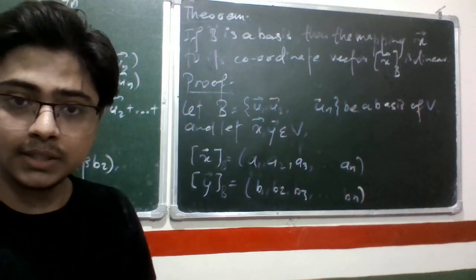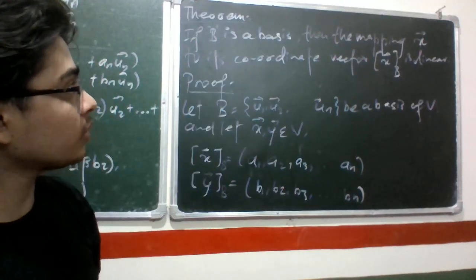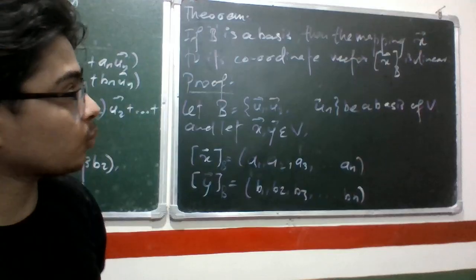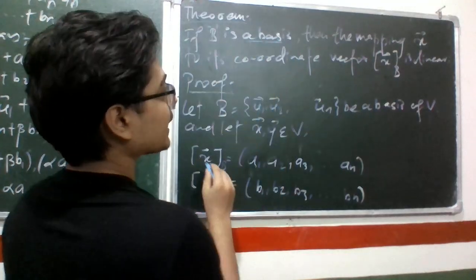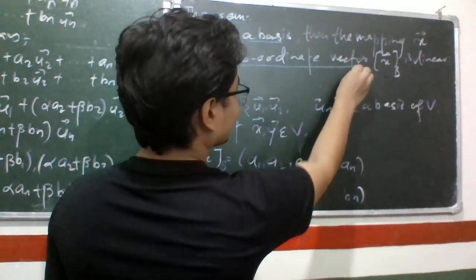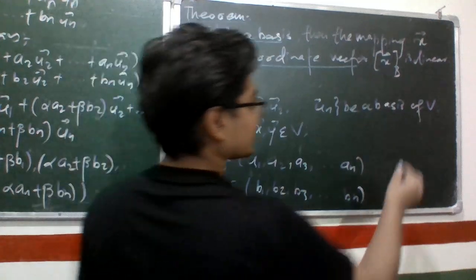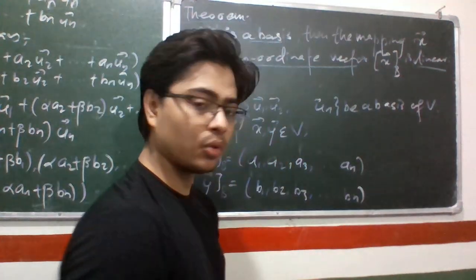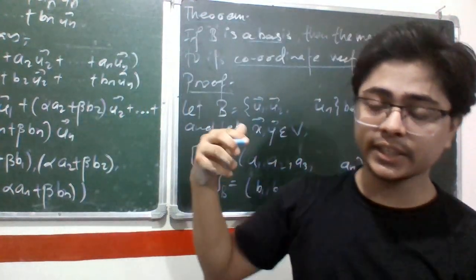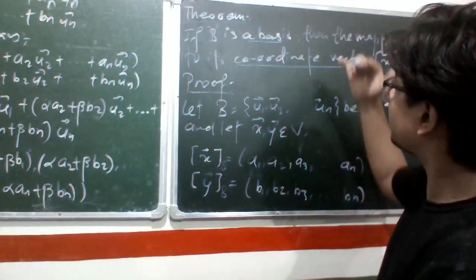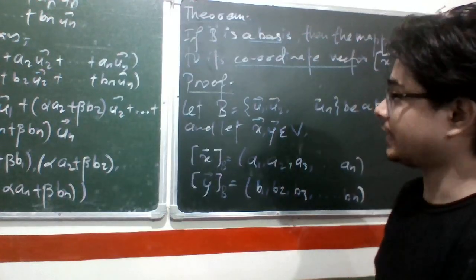So if you see this theorem, what are the key words here? First one is basis, second one is coordinate vector, and the third one is linear. So we need to know the definitions of these three keywords: basis, coordinate vector, and linear.